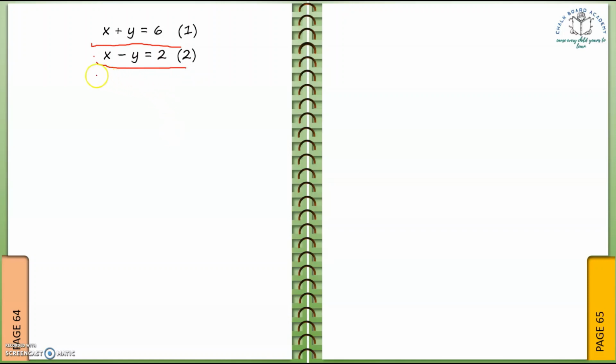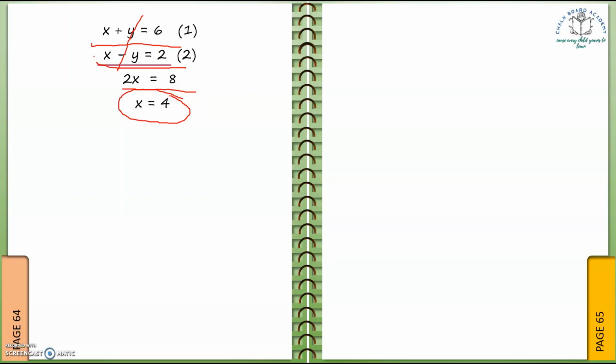Now here again we will do the elimination method. So in elimination we don't need to change sign here because this is positive, this is negative, and we can simply eliminate them. So after eliminating them we get 2x is equal to 8, therefore x is equal to 4. Now we can put the value of x in any of the equations.